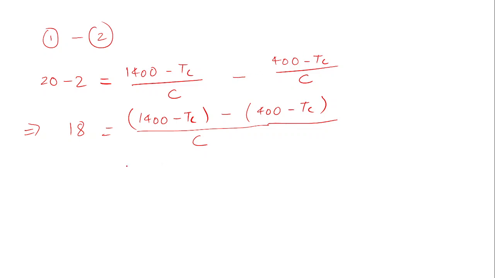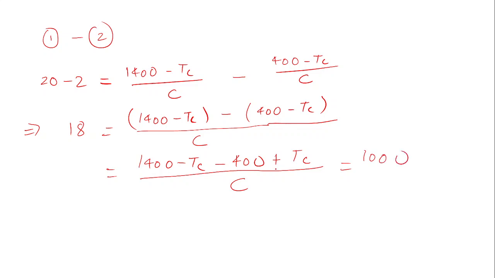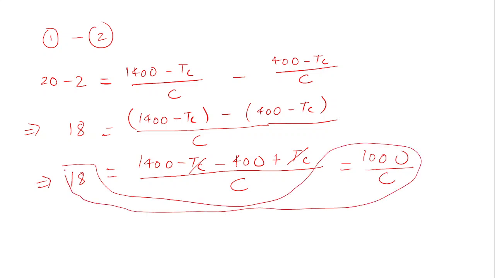So when I open the bracket, it will be 1400 minus Tc, minus 400, and plus Tc, divided by C. Now here this will be 1400 minus 400, that means 1000, and minus Tc plus Tc will get cancelled. So 1000 divided by C, and on the left hand side we have 18, right? So this is our final equation.